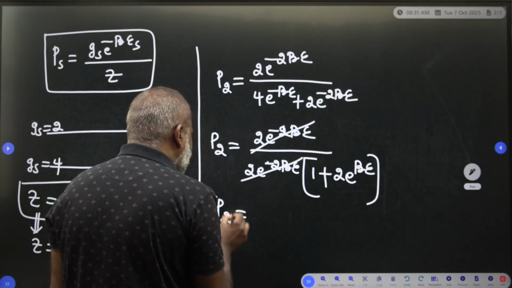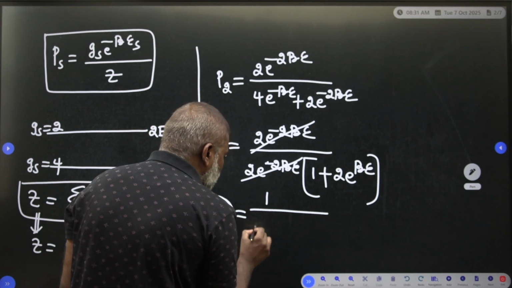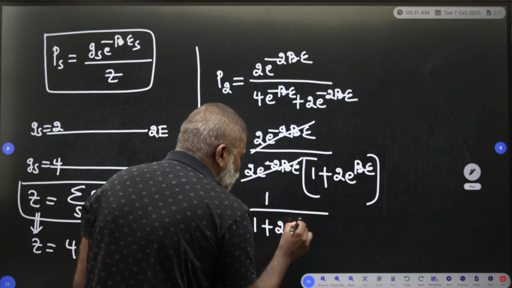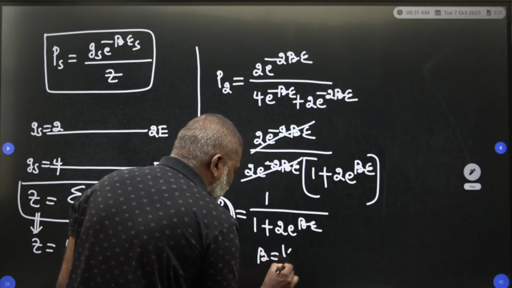Therefore, the probability of the upper energy level is equal to 1 divided by 1 plus 2 e to the power of beta E, but beta is equal to 1 by kT.